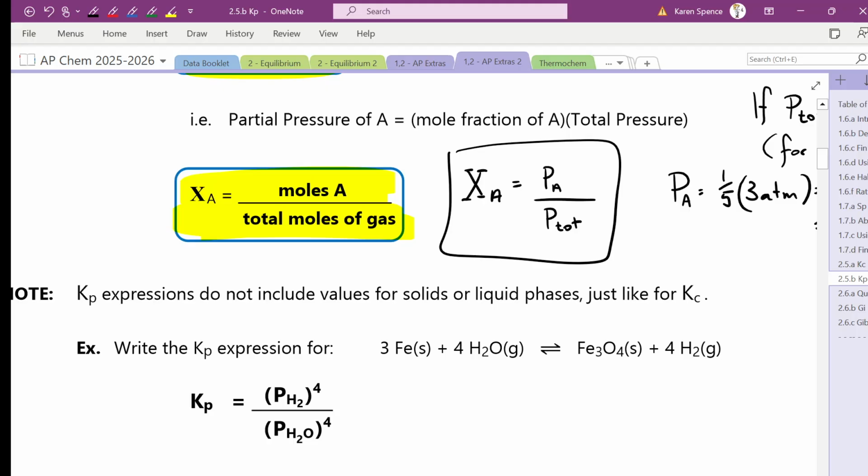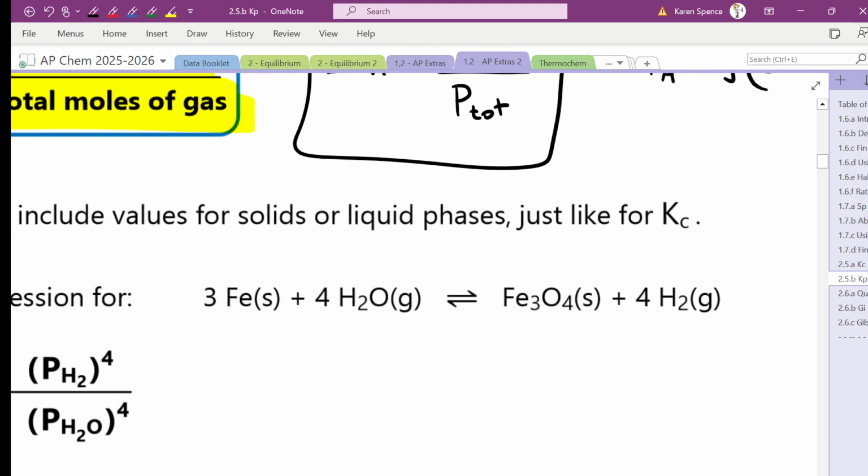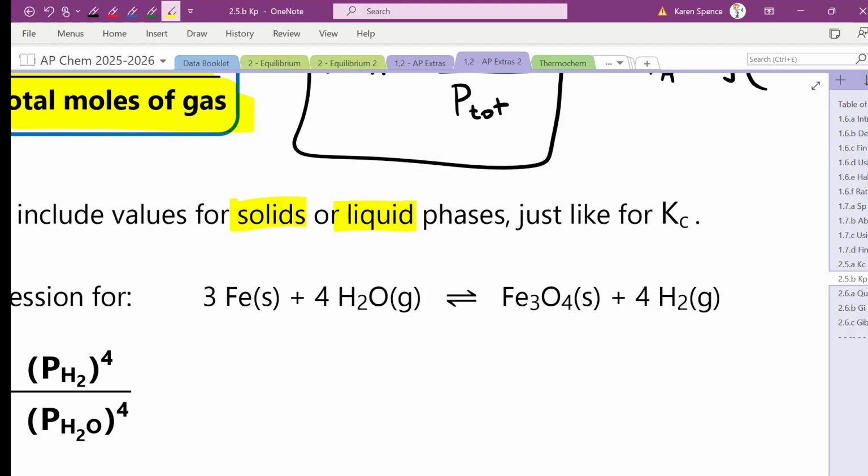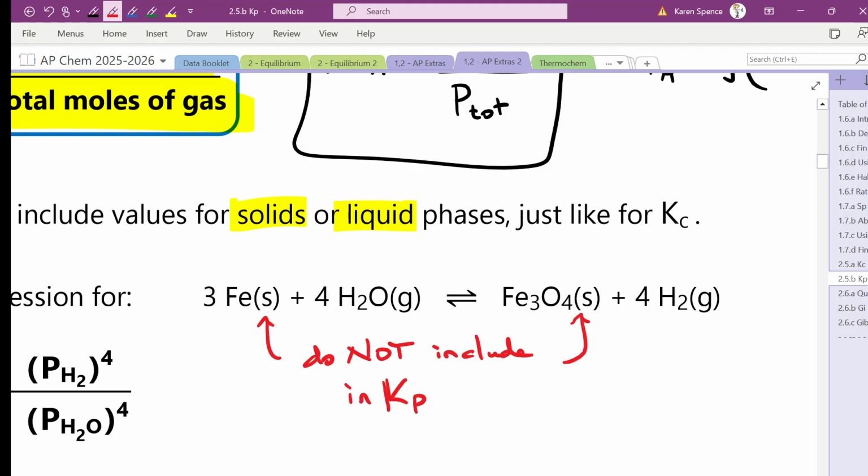Now, in Kp, hopefully it should be fairly obvious that if we have a solid or a liquid, should we include them in a Kp? Do liquids and solids have pressures? No. Okay. So do not include them in Kp. And I don't know why I did not mention it here.